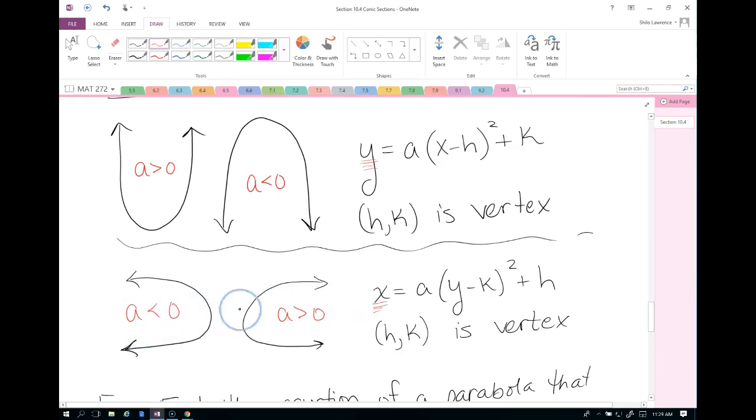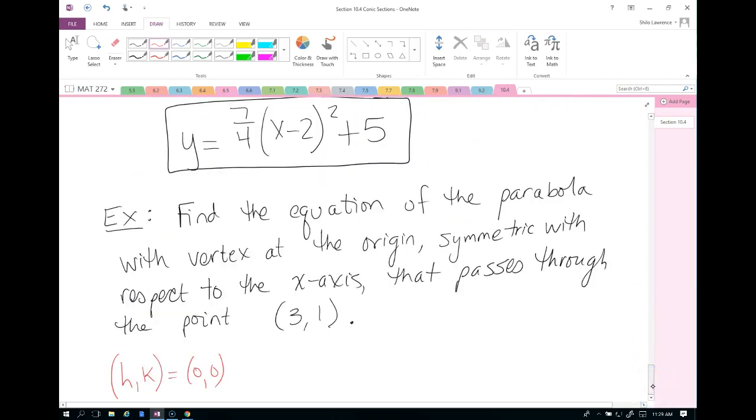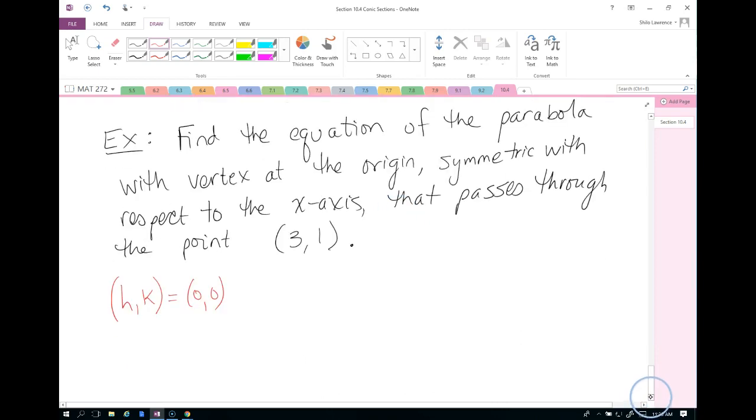So if it is symmetric with respect to the horizontal axis, it's got to be one of these horizontal parabolas. The vertical parabolas could be symmetric with respect to the y-axis, but this one is going to be oriented horizontally since it's symmetric with respect to the x-axis.